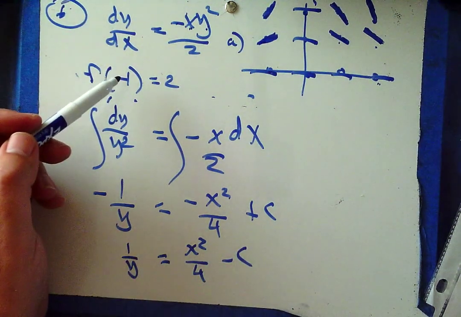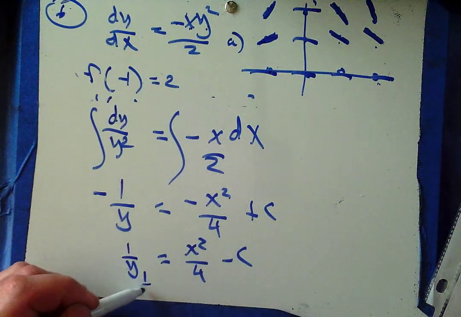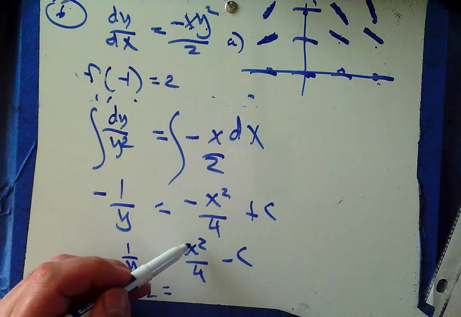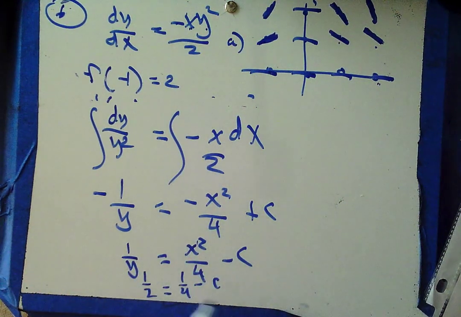And now I'll plug in the ordered pair, -1, 2. So I've got 1 over 2 equals 1/4 minus c. So I subtract 1/4 from both sides. I get 1/4 equals -c, or c equals -1/4.